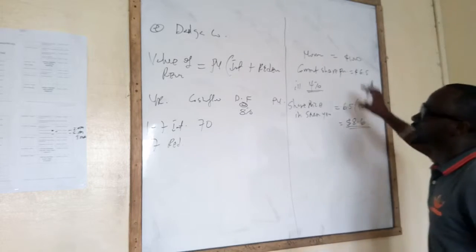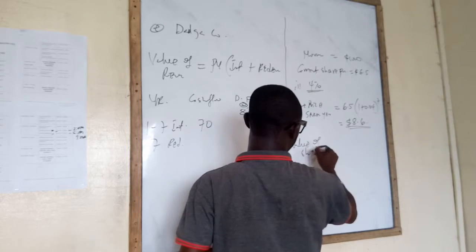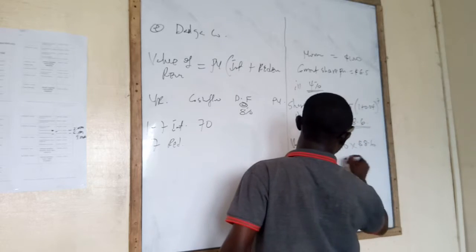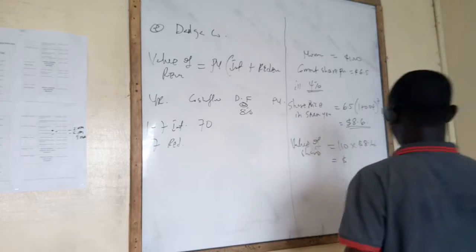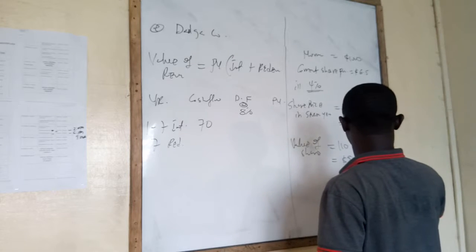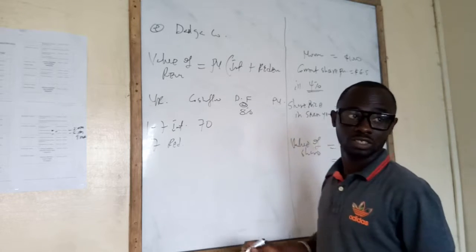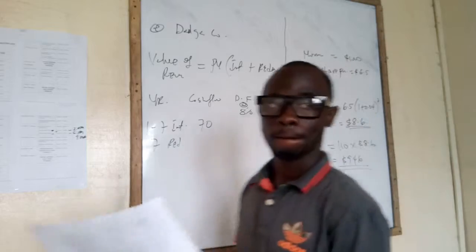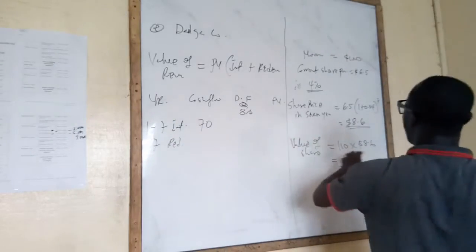So this 8.6, the value of the share on conversion will be 110 times 8.6. What do we have? 946.